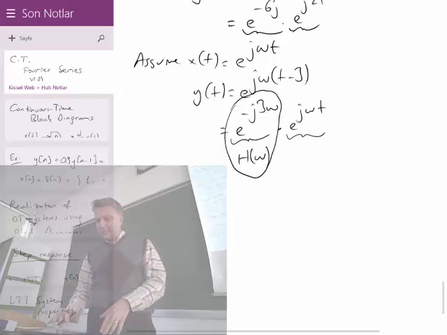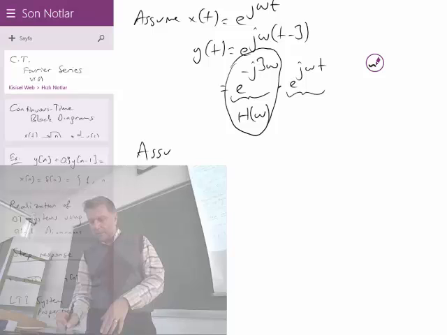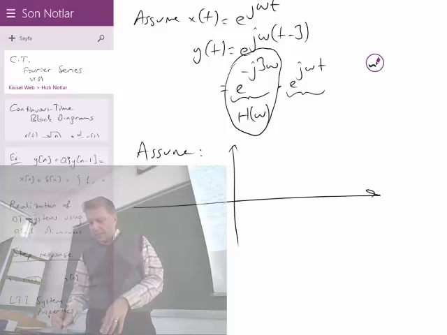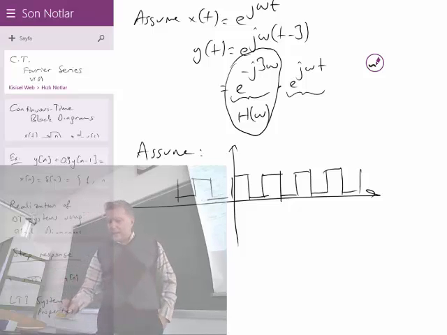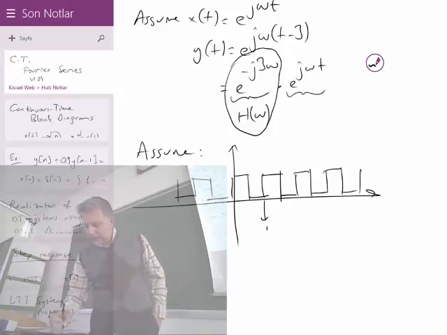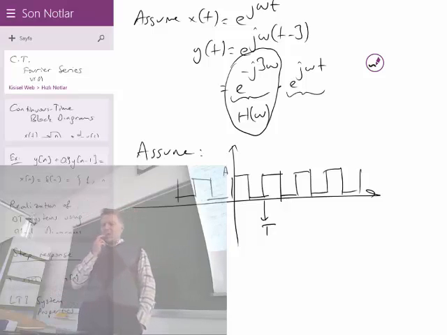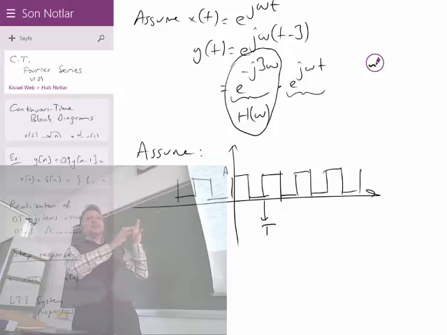Suppose that the input is something graphical and it is periodic, like this, a rectangular pulse, like this, whatever. And the period here is t, and this is a. What is the response? How does it pass? Well, you can immediately say that it must be shifted towards left by an amount of 3.